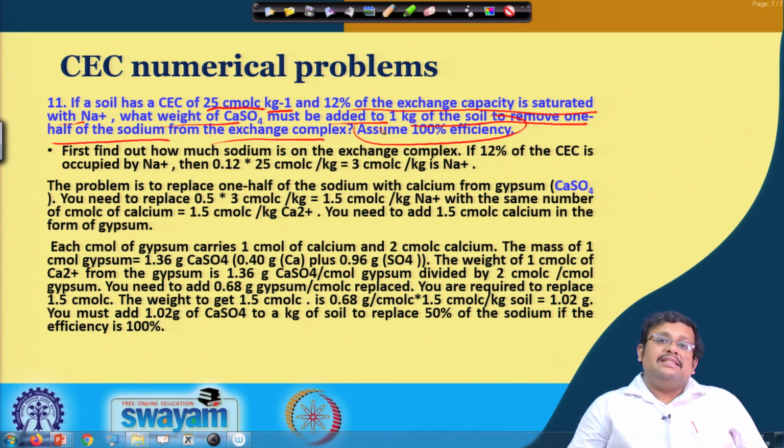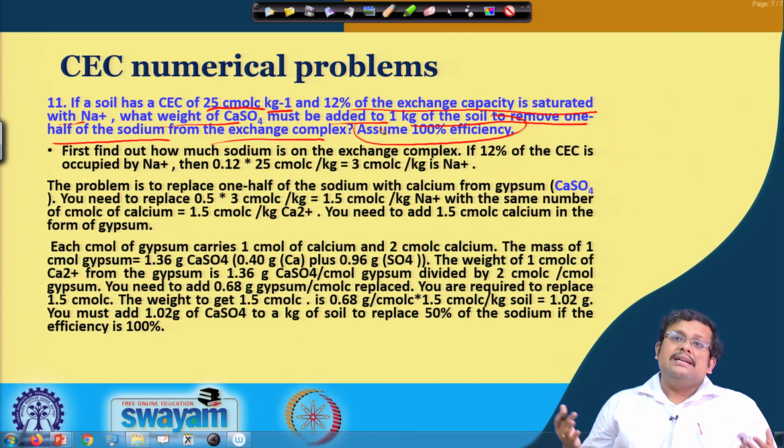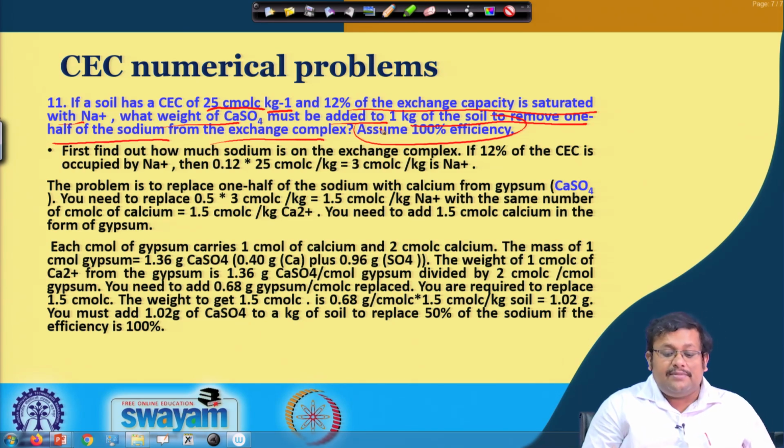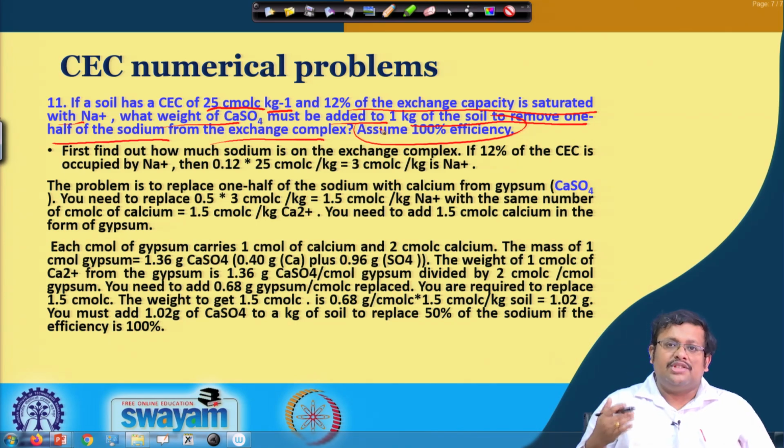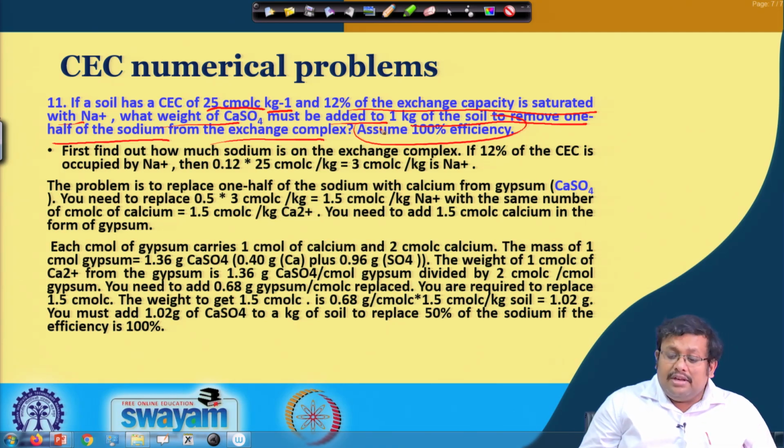Now, here one thing is important: we need to first calculate the CEC which is contributed by sodium, and then half of it is replaced by calcium in the form of calcium sulphate. If we can sort out this thing, the answer will be very easy.